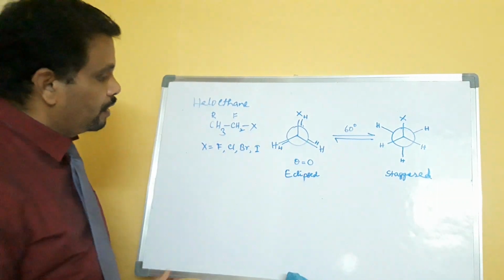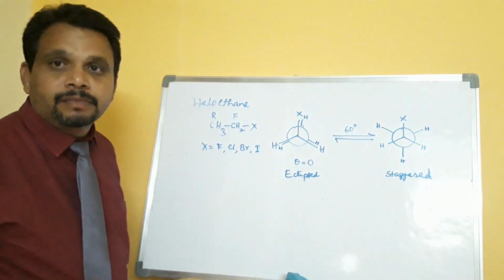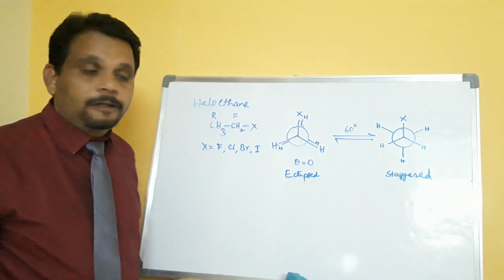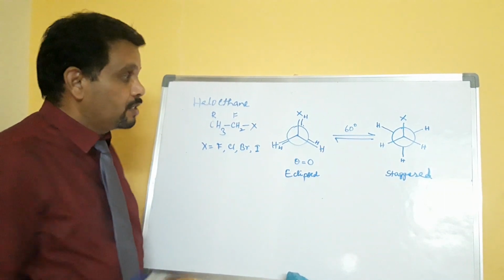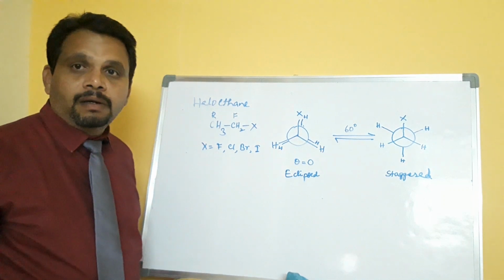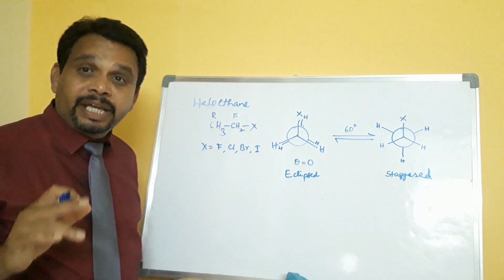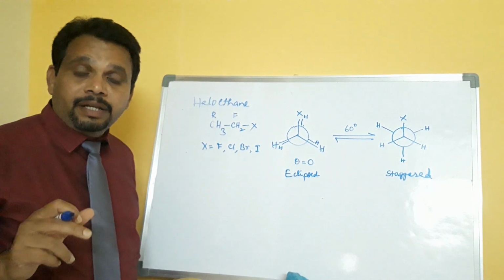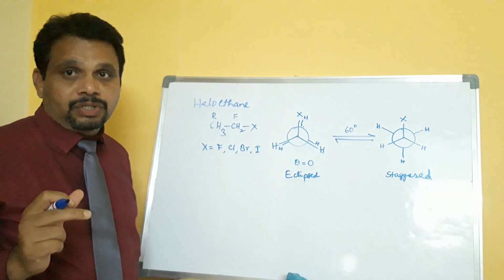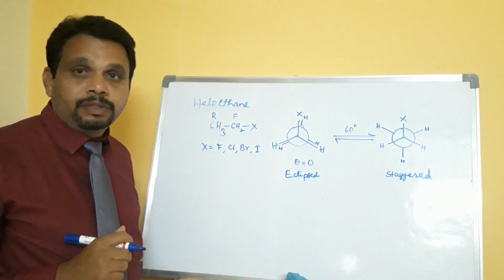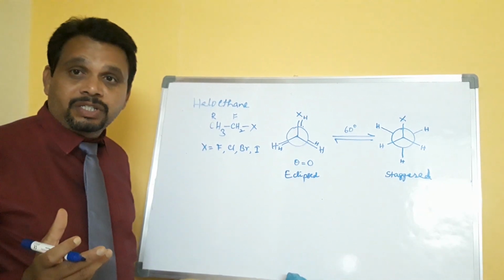In this molecule, there is eclipsed strain, and also van der Waals repulsions, because the distance between the two bonded atoms is less than the sum of van der Waals radius of those two atoms. Therefore there are van der Waals repulsions and steric repulsions.